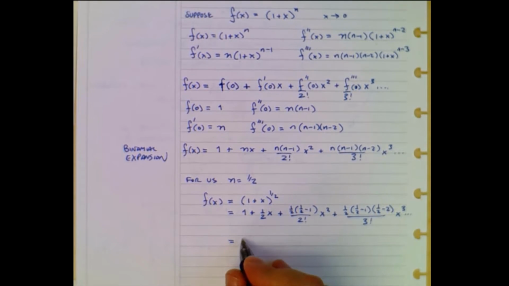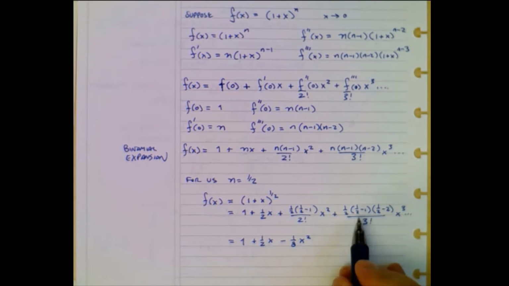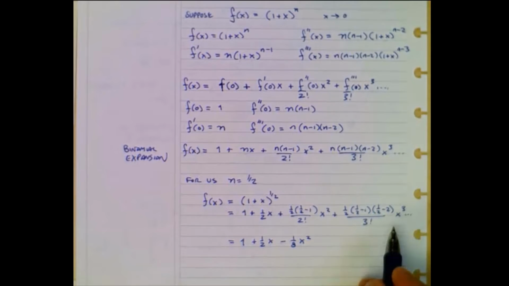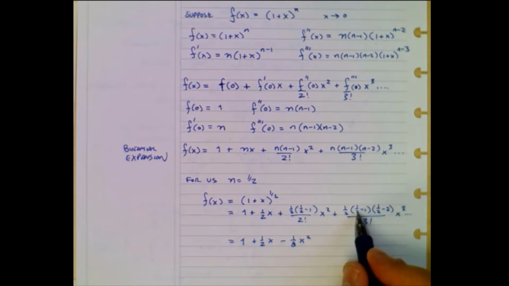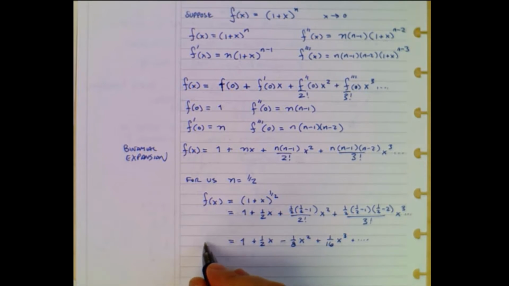We can simplify these down as 1 plus 1/2 x. 1/2 times minus 1/2, divided by 2, that's going to be minus 1/8 x squared, and then this will be 1/2 times minus 1/2 times minus 3/2. We got a half and a half and a half and a half. We got a 3 up top. You can do this as well as I. This will give us a factor of 1/16 x cubed, and so forth.